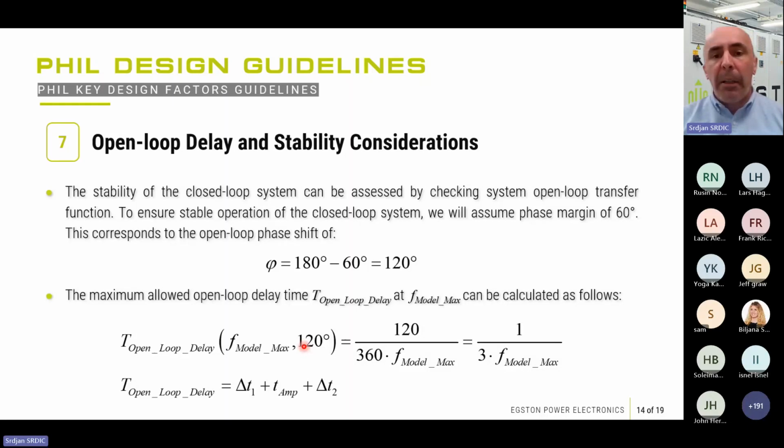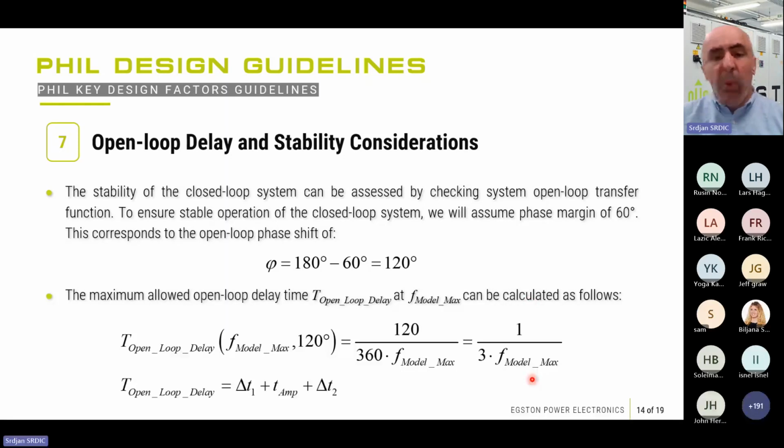So if we assume, for example, that the phase margin would be 60 degrees, which is a good engineering practice, then that would mean that we would have a phase shift of 120 degrees. And translated to the open loop delay time, the open loop delay time can be calculated like this.